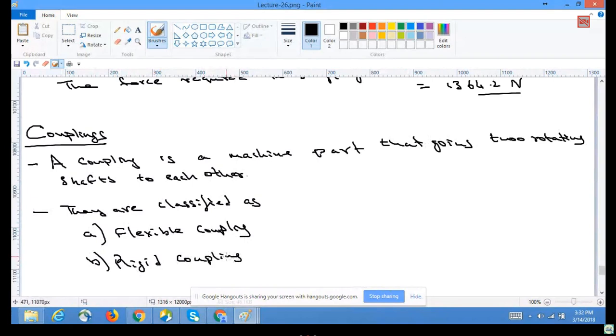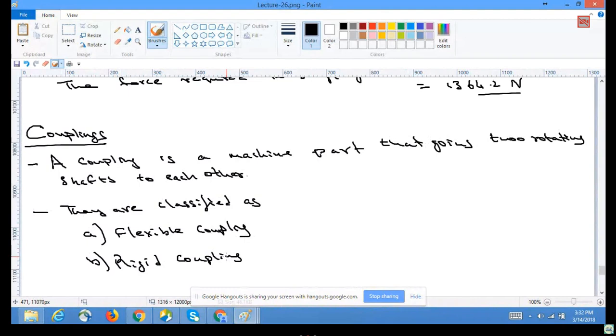In reality, most of the couplings which we see are flexible couplings, but in this course we will try to design the rigid coupling, because that is much easier compared to the flexible coupling.